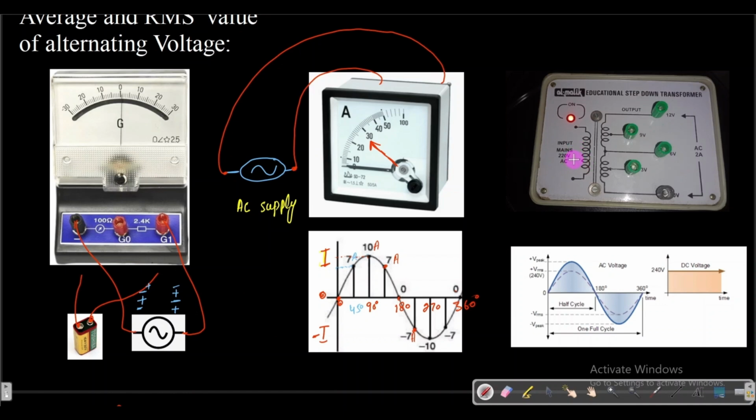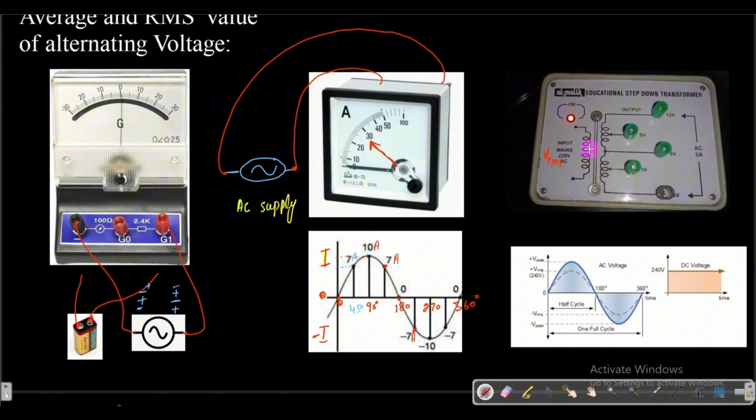So this fixed value is actually the VRMS value. This is not the peak value. The peak value will be more than this 220 volt.